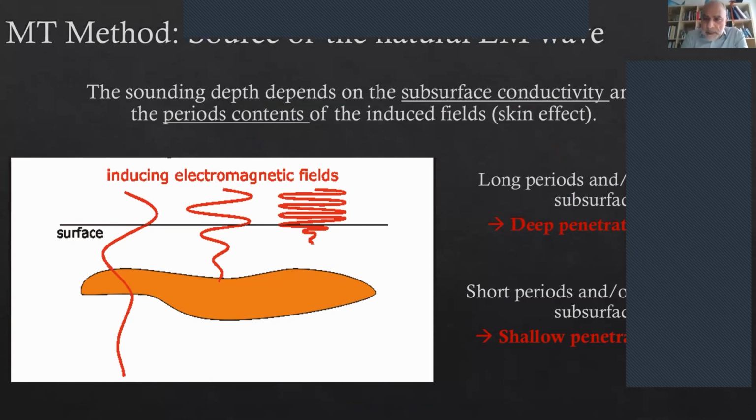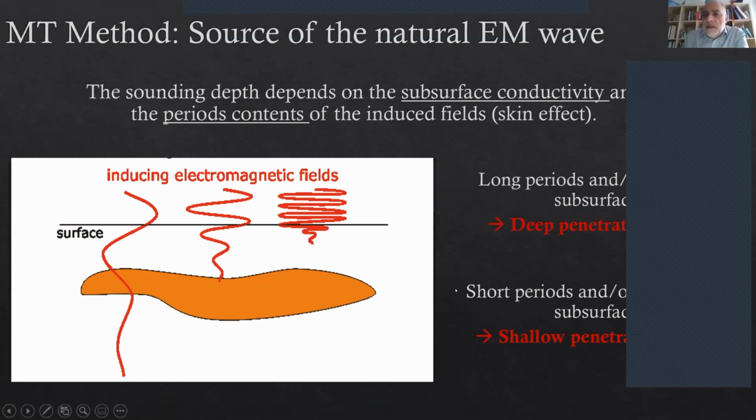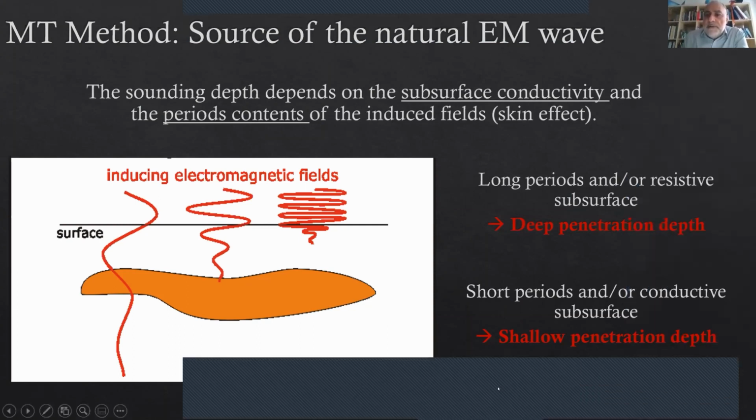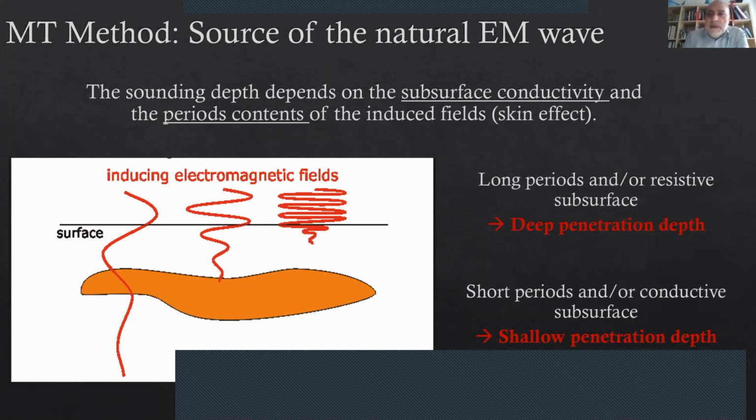In summary, for long period and resistive background, we get a deep penetration, while for short period and conductive subsurface, the penetration depth is very shallow. That's what we call in our community the skin depth effect.